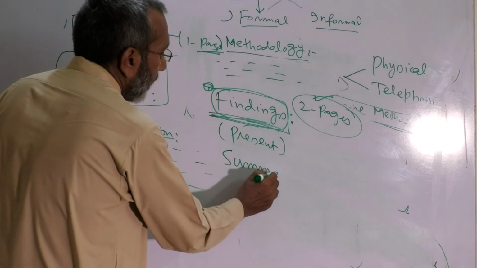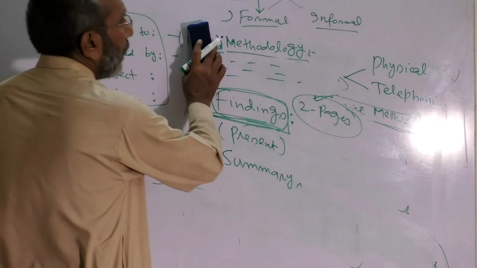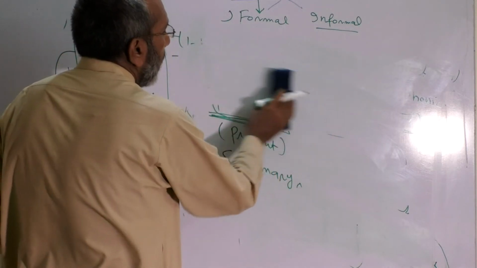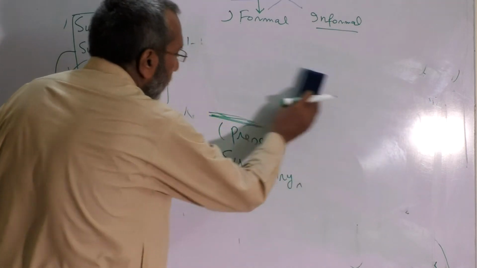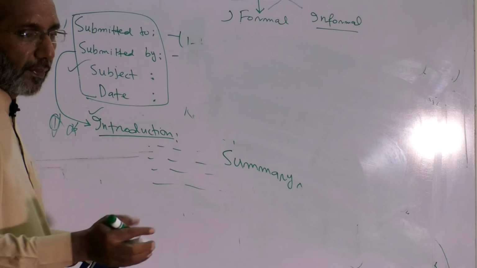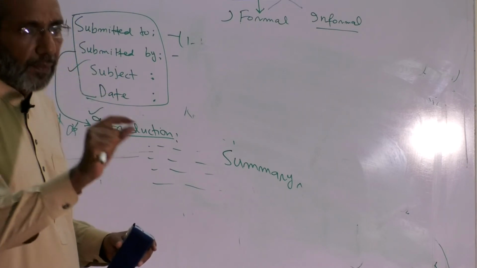Summary, as you can guess, means you just summarize whatever was discussed in the findings, whatever you mentioned in the findings. You make a sort of nutshell of that, pith of that, abridged version of that.